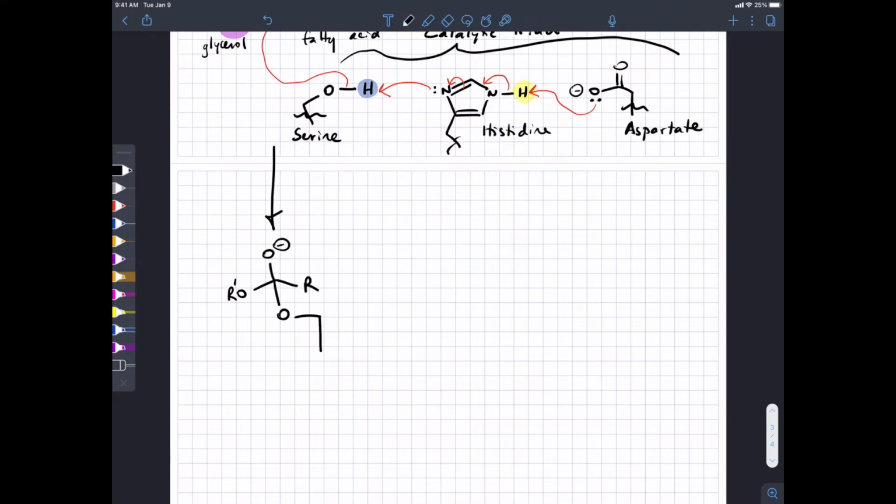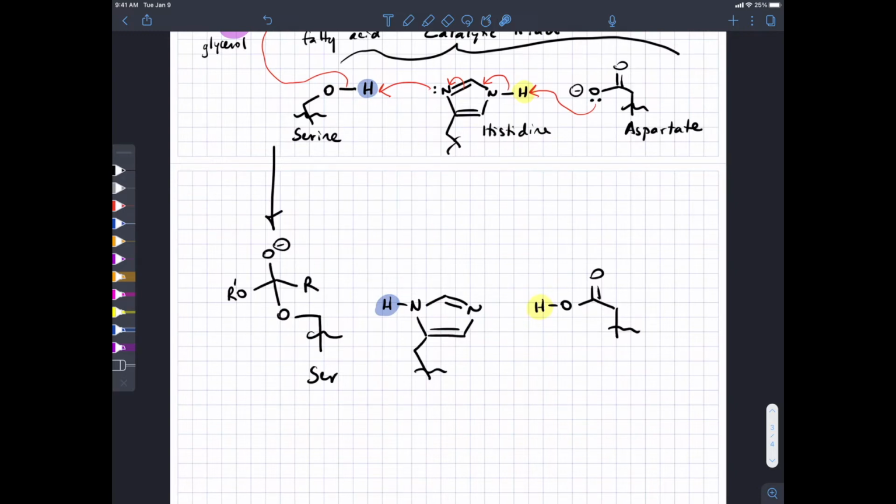So here's the serine. Histidine is here. And then aspartate is here. And if we're following the protons, we just had this chain that shifted the protons over.